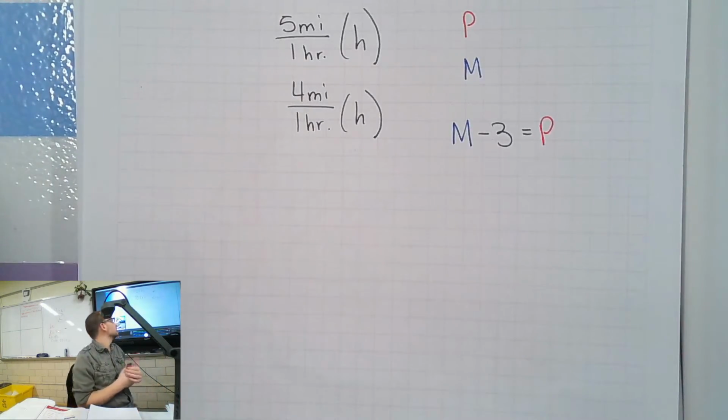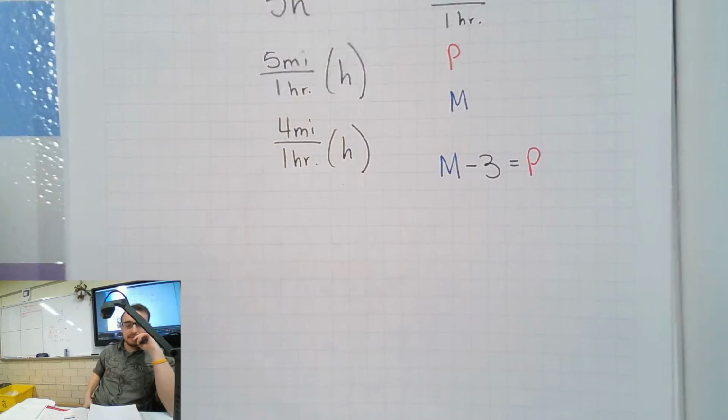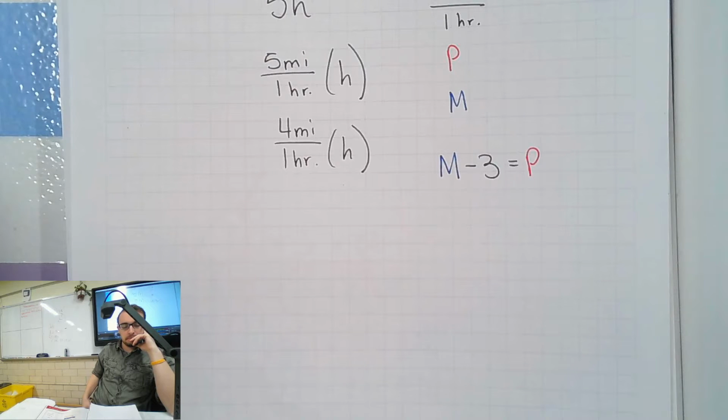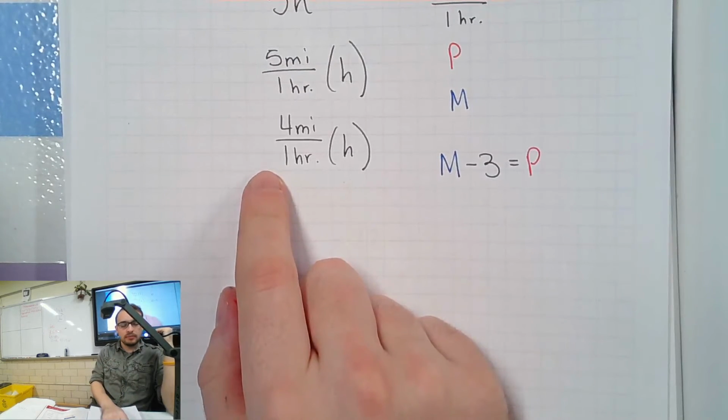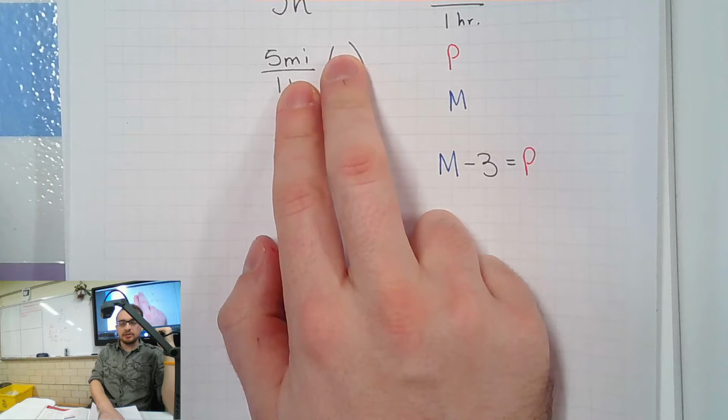We got a lot of variables here. We got M's, P's, and H's. Check it out. What I said before: miles divided by hours times hours. Don't the hours cancel and we get miles?